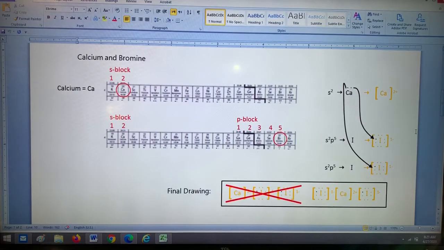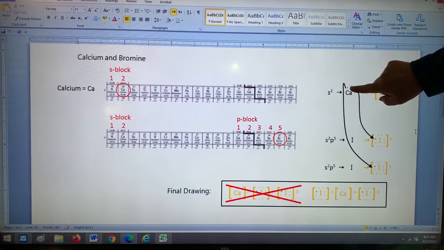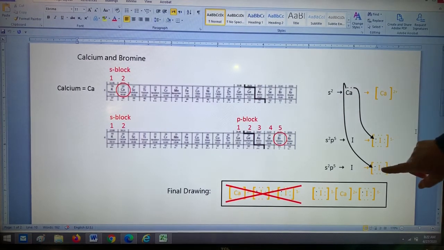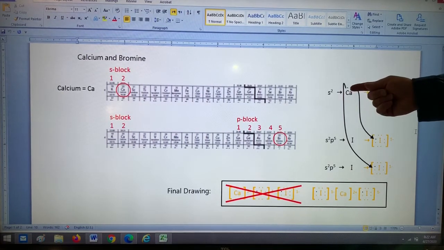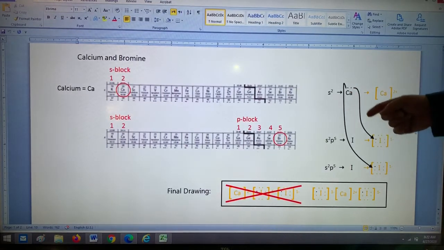But do you notice how it's not a perfect fit? I still have this other dot over here. And this other dot has to go somewhere because calcium is supposed to lose all of its electrons, not just one of them. So I need to bring a second halogen into the picture so that this second dot has a place to go. So these were not a perfect fit.